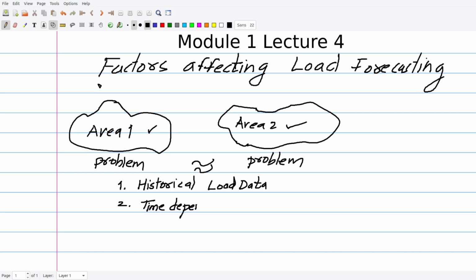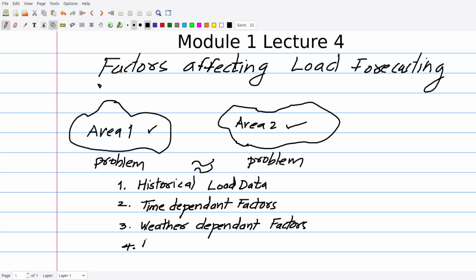Then the third one is weather dependent factors. And last, the fourth is random factors.